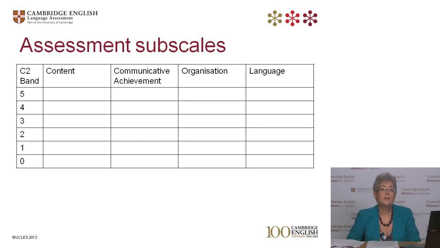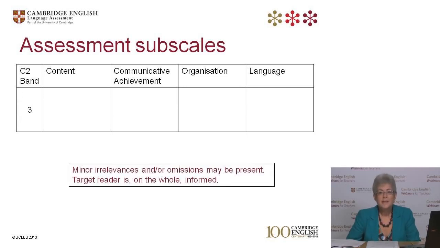So let's have a look at some of the band 3 descriptors then. Here's a band 3 descriptor for one of the subscales. Which subscale do you think this comes from? Content, communicative achievement, organisation or language? Use your pointer, the star icon that you used before on the left of the screen, and click on which subscale you think this is from.